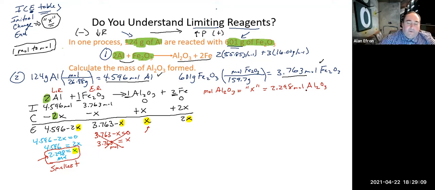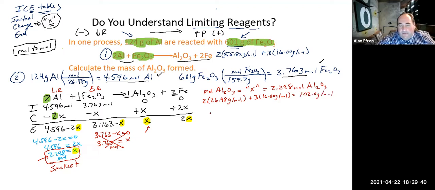We could get the molar mass of aluminum oxide by taking 2 times 26.98 grams per mole plus 3 times 16 grams per mole for our oxygen. That tells us that the molar mass of aluminum oxide is, we'll call it 102 grams per mole.